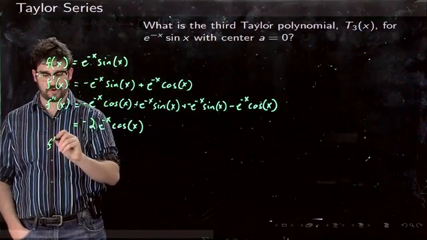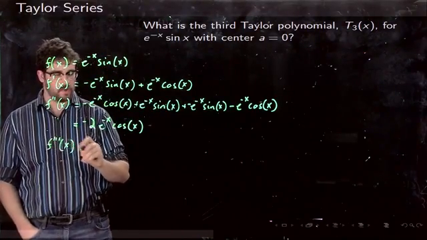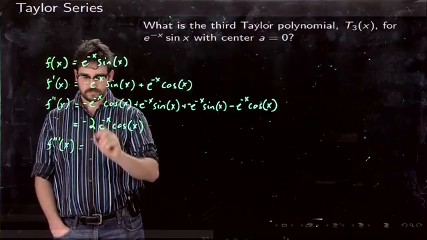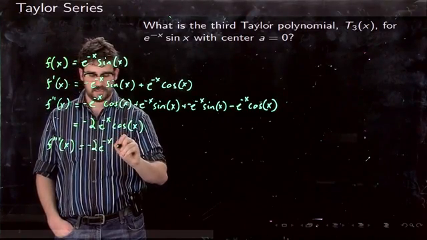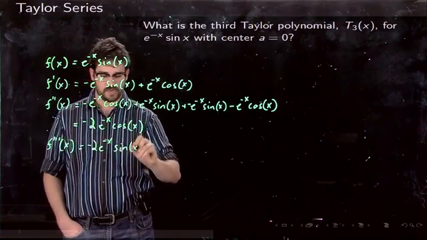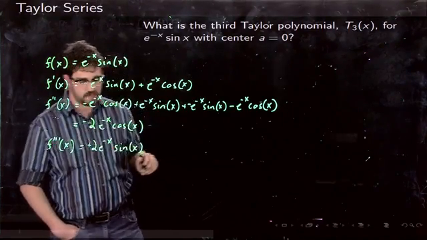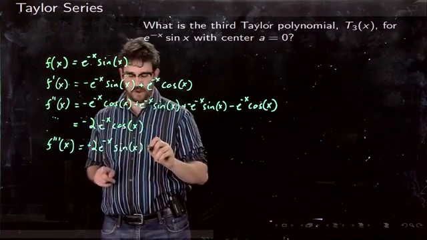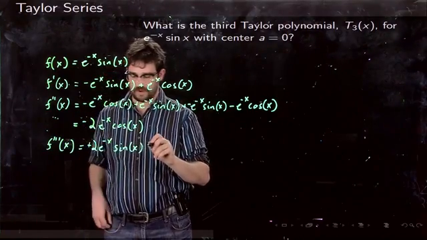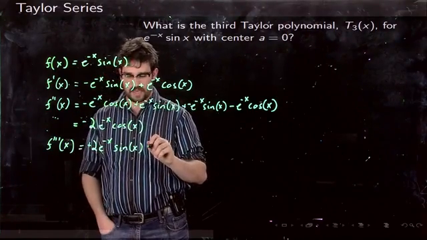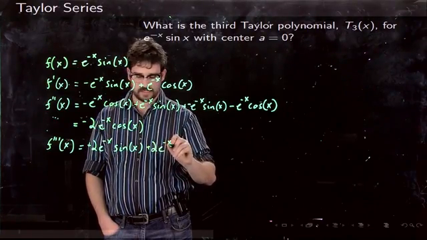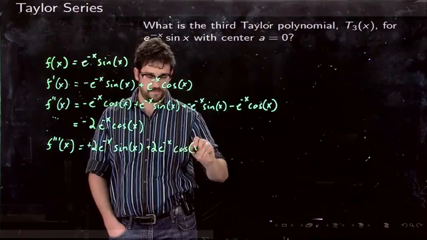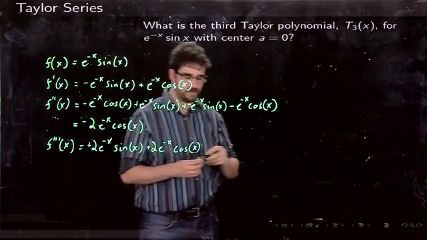So our f triple prime of x will just be minus 2e to the minus x sine of x, which we need to multiply by -1, which we get that plus. And then product rule says now we take the derivative here, and we get a plus 2e to the minus x cosine of x. Whew! That was a lot of derivatives.